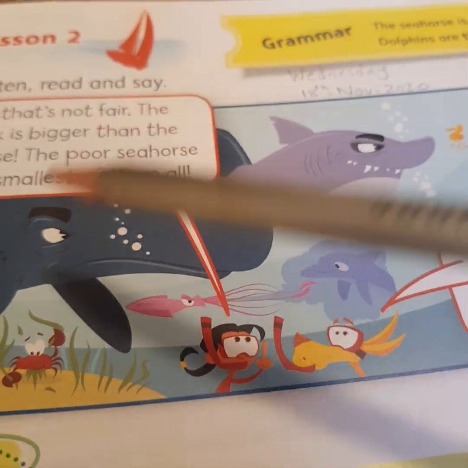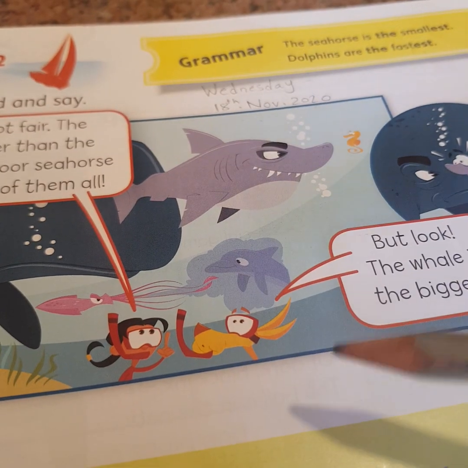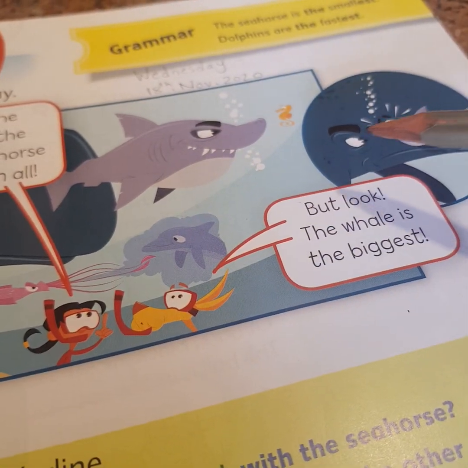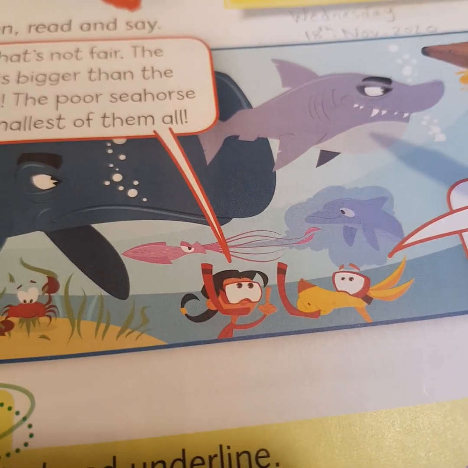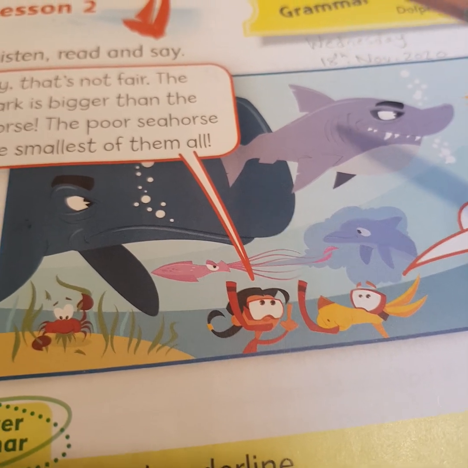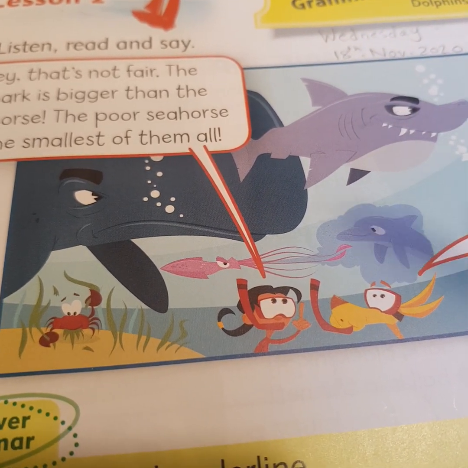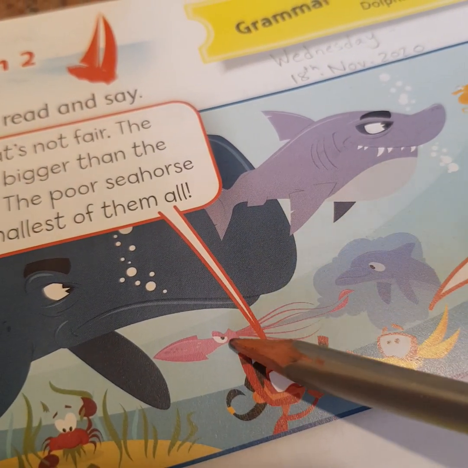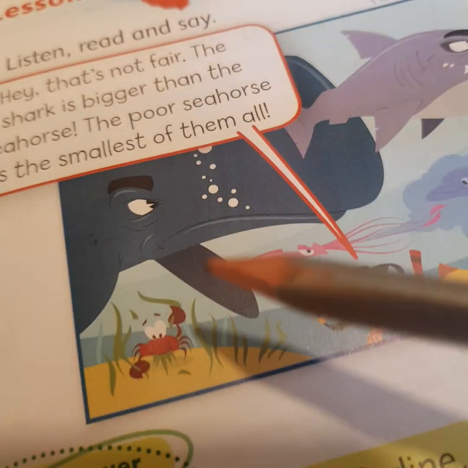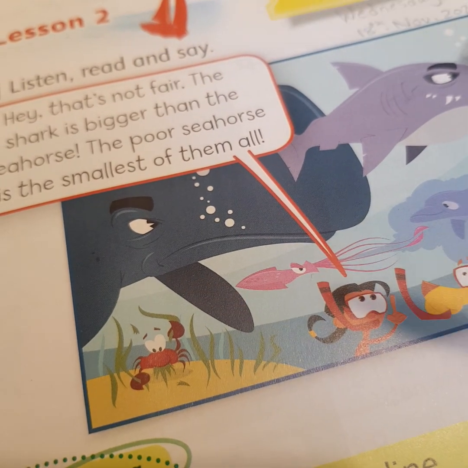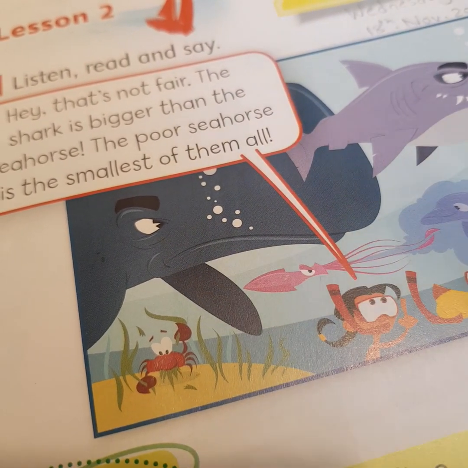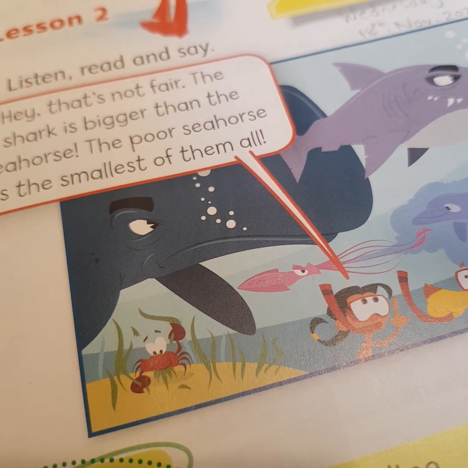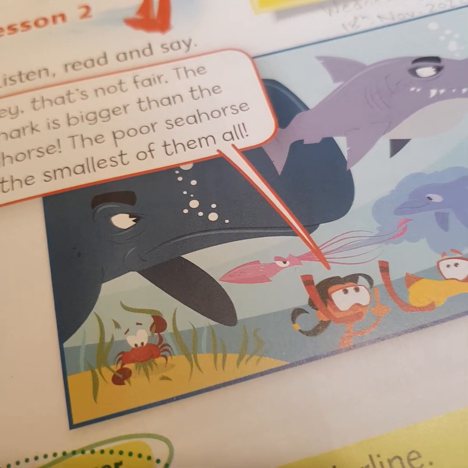Now let's take a look at this picture. We have a shark. We have a squid. Crab eating grass, so he seems hungry.